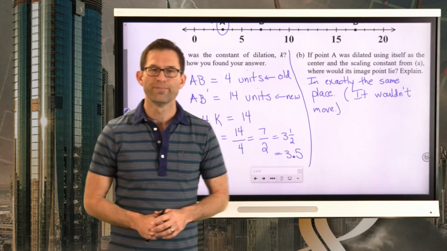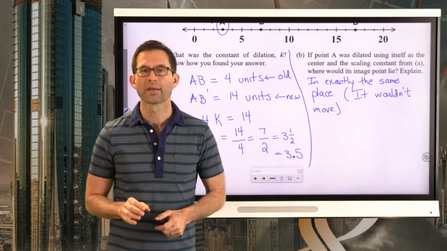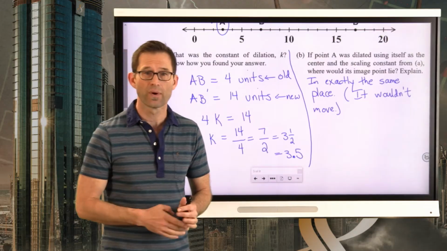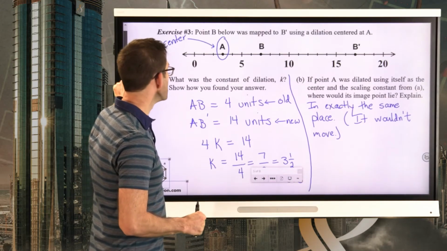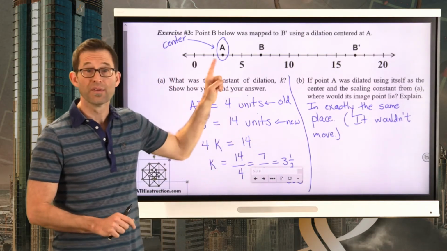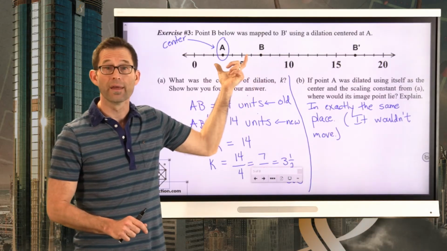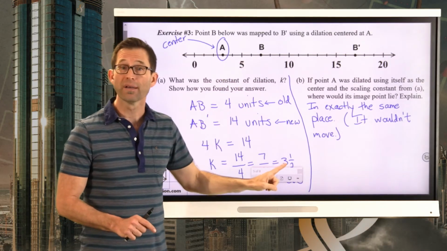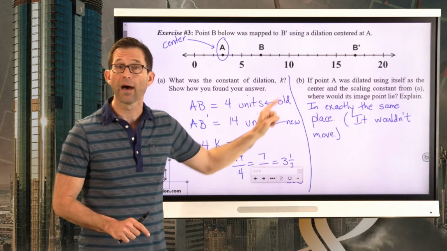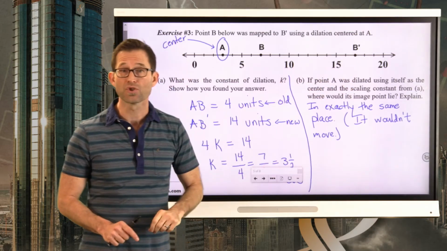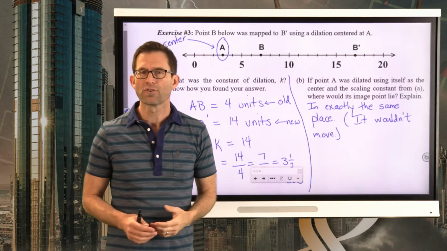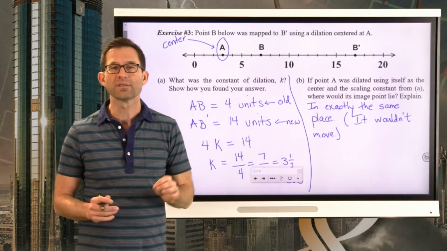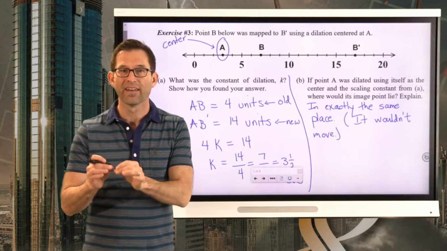Why wouldn't it move? Well, again, it all goes back to what a dilation actually does. What a dilation does is it takes the distance between the center and the point that you're dilating, and it multiplies it by some constant, in this case 3.5, to locate its new location. But if you think about the center itself, what is the distance between the center and itself?